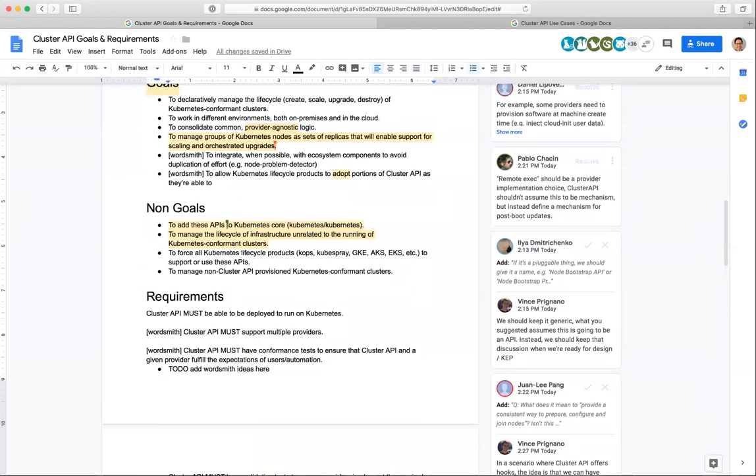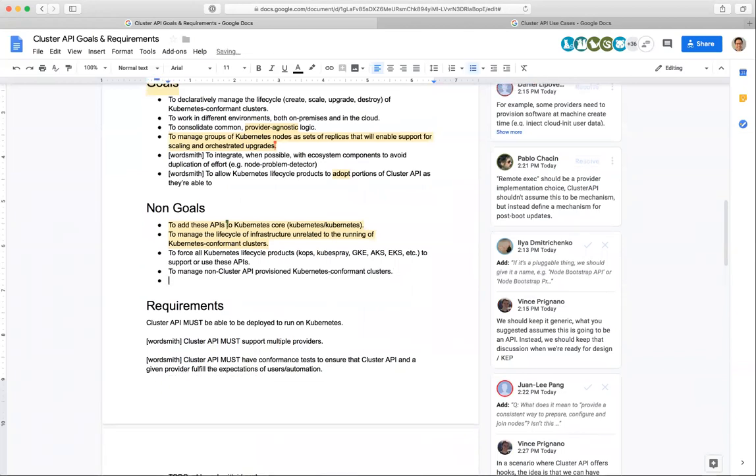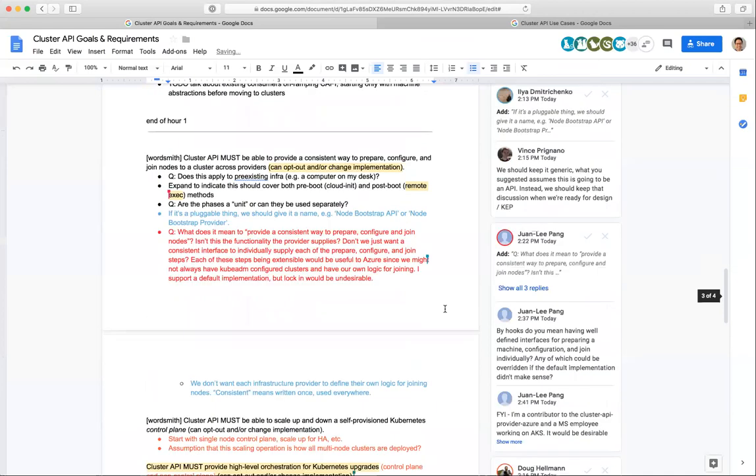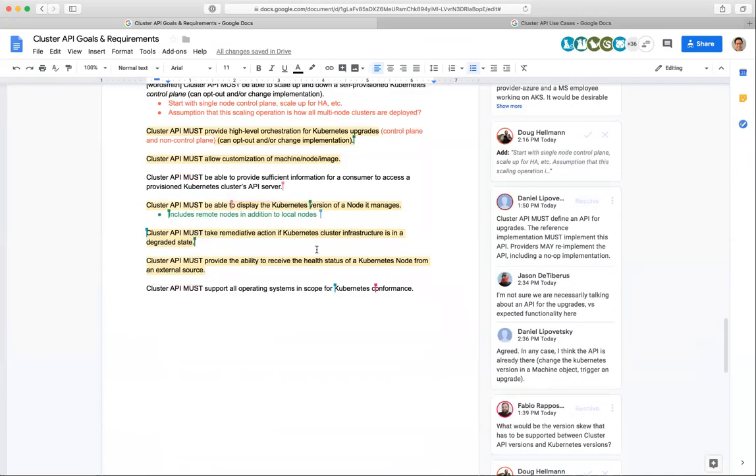Yeah. So I was wondering, there's a slightly different concern. Let's say I have a machine set, and in a machine set I'd like to add a label to each of the machines in the set. Should that be our concern? Because you could technically call the node API and do a loop around that.